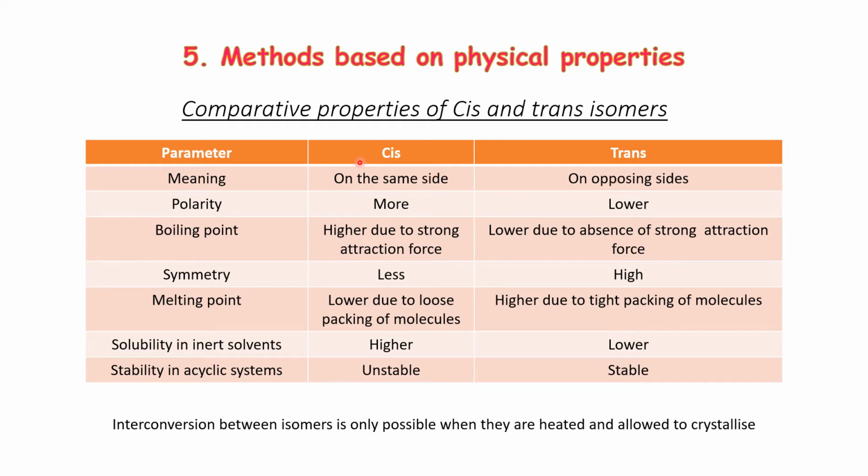So cis, we have seen, means on the same side, trans means on the opposite side. So because these groups are on the same side, based upon the electronegativity of the groups, if they are the same, then they are concentrating on one side. So the molecule becomes more polar rather than trans, which is like a balanced one, and it will be less polar.